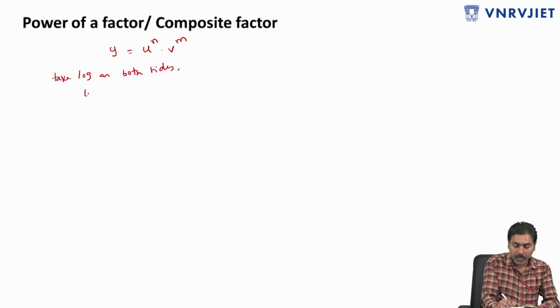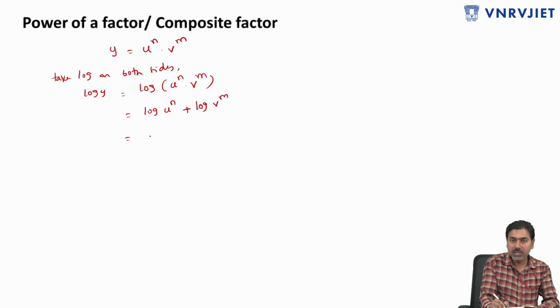Then we get log y is equal to log of u power n into v power m. This log gives log of u power n plus log of v power m. This is nothing but n log u plus m log v. This is equal to log y.